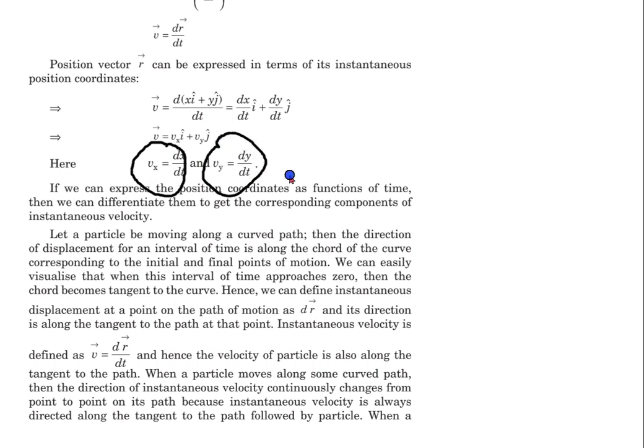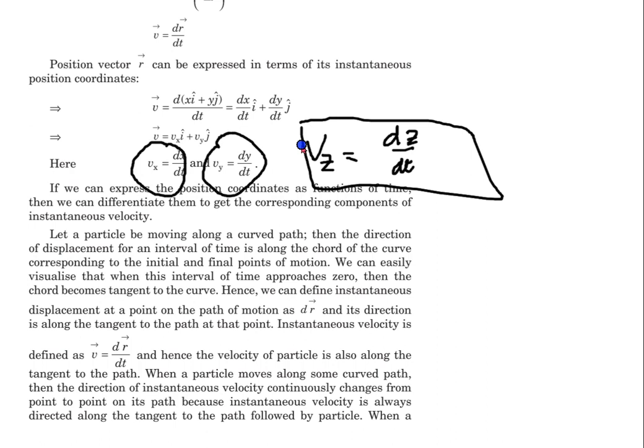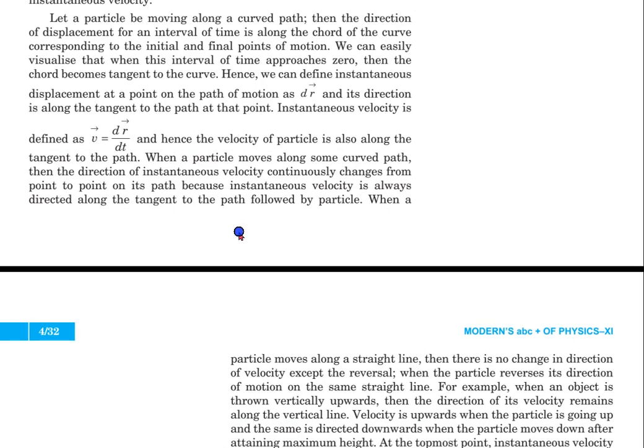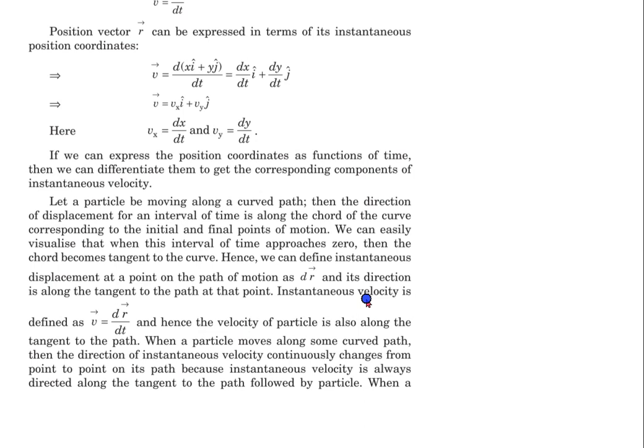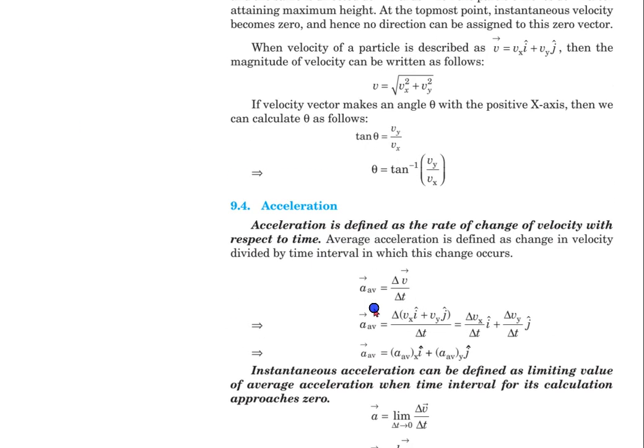And if I want to find it along the z-axis, dz by dt will give the velocity along the z-axis. So we will not do this type of problem. Acceleration also we will not do here, since we have already studied it in the previous chapters.